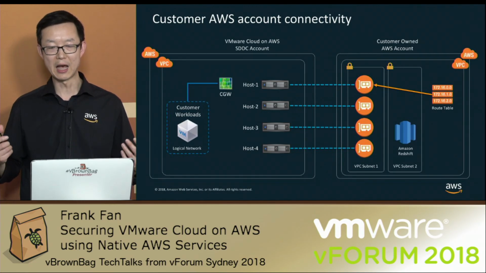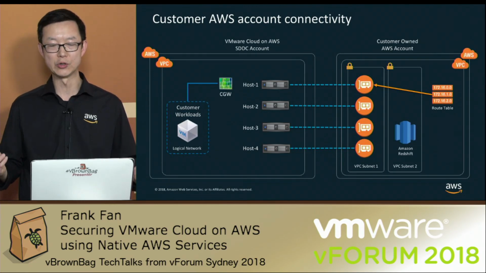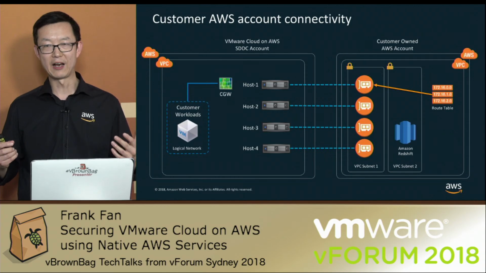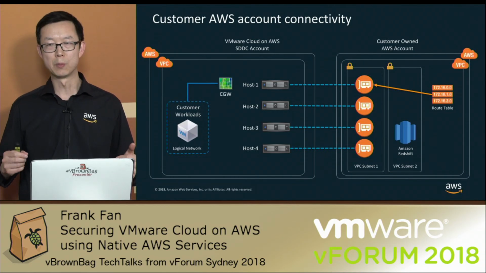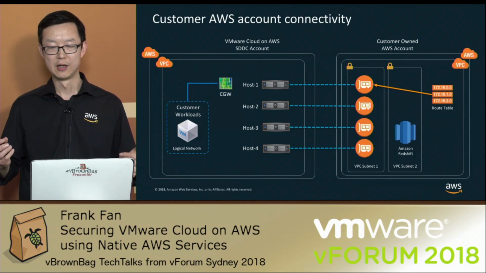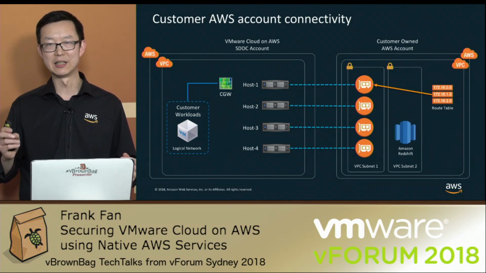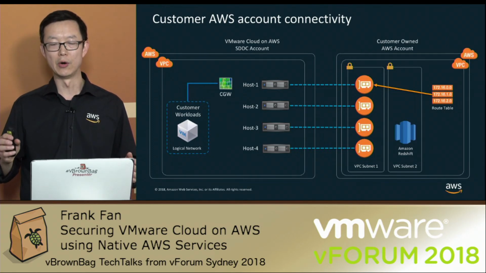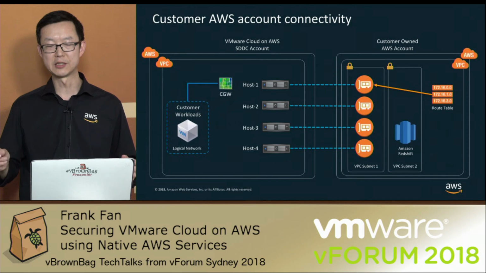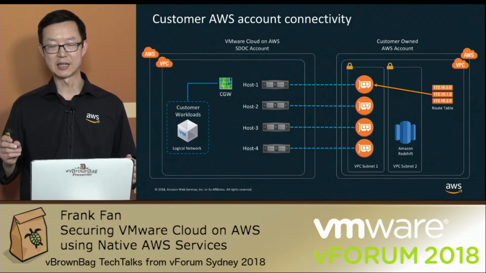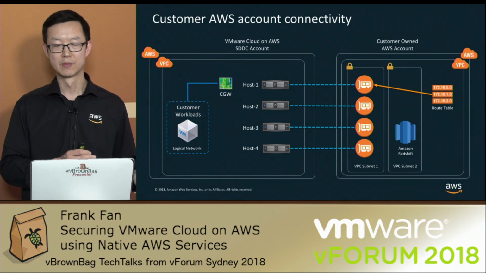And then what exactly happens under the hood is, because VMware has got the permission to provision some resources. For example, in this case, we'll provision an elastic network interface, ENI, into the AWS account, and then present that elastic network interface directly back to the physical hosts.